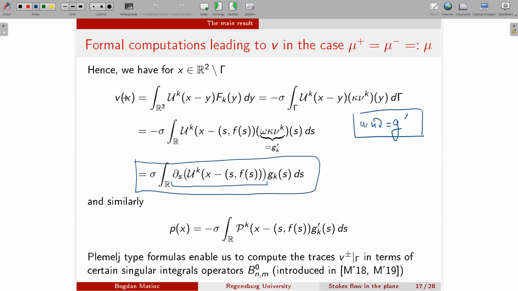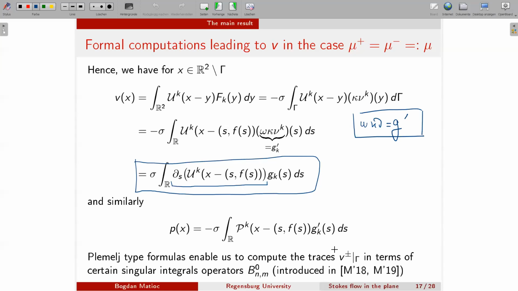So we define V and P by these two formulas, and we prove that they are solution to the boundary value problem. And here one has to use also some complex analysis, Plemelj formula to compute traces of function on gamma.